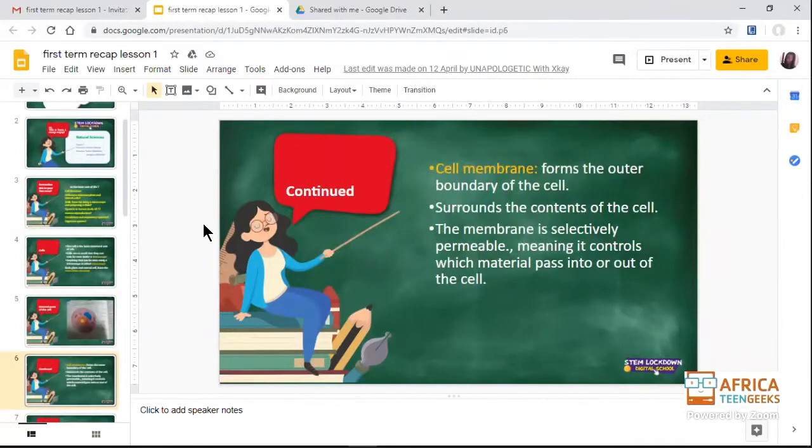And then we're still continuing. The cell membrane forms the outer boundary of the cell, meaning that it surrounds the contents of the cell. And remember, we find the cell membrane in both the cells.